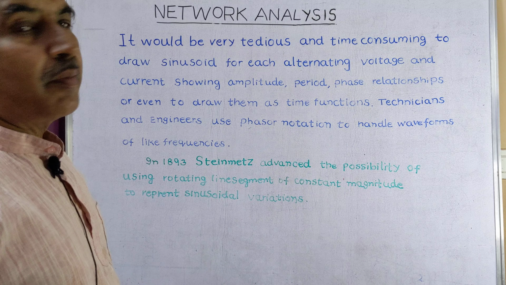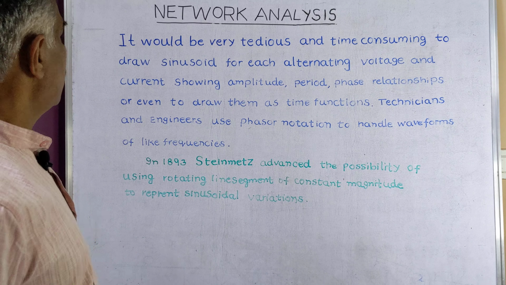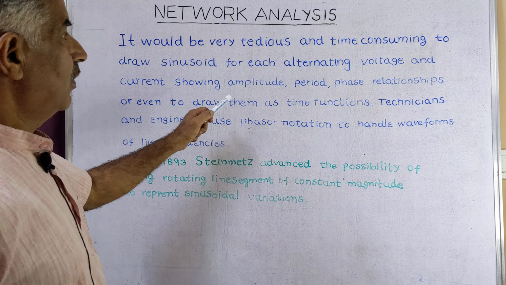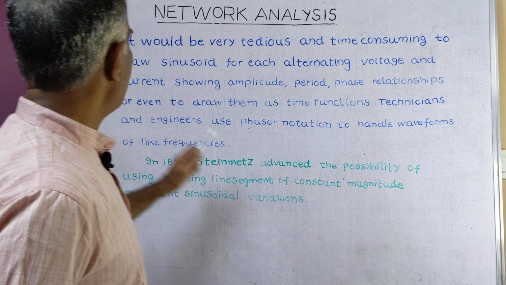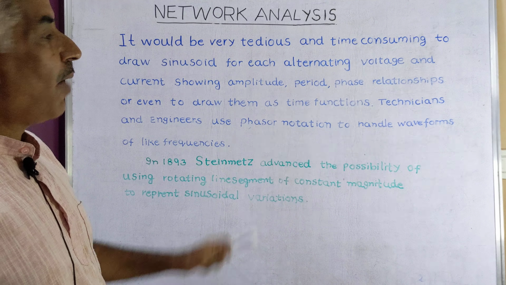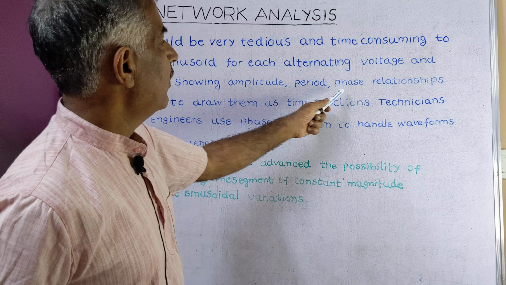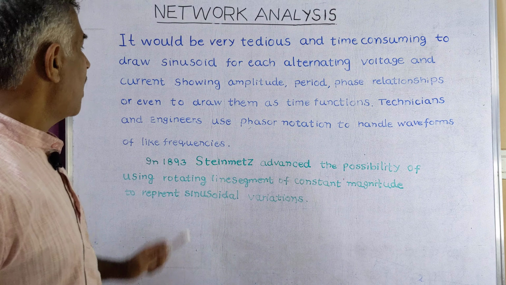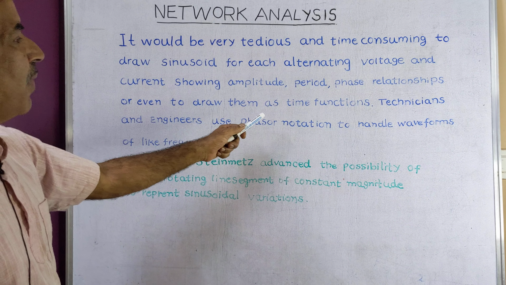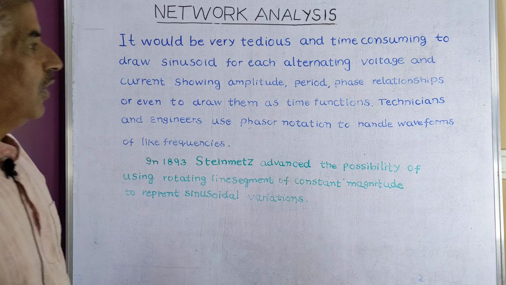Dear students, I will repeat my words of phasor concept. It would be very tedious and time consuming to draw a sinusoid for each alternating voltage and current showing amplitude, period, phase relationships, or even to draw them as time functions.